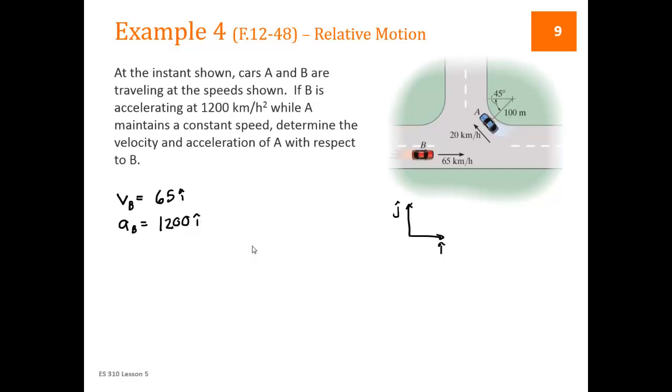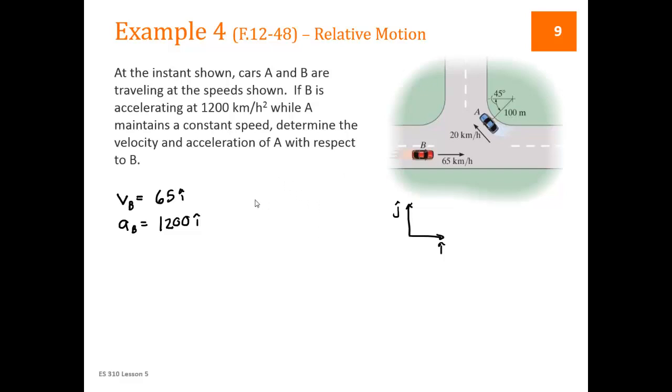All right, so now let's look at the blue car, car A, which is turning the corner. For car A, I'm going to use the normal tangential coordinate system because it's on a curve. We're given the radius, so that would be the one that makes most sense.